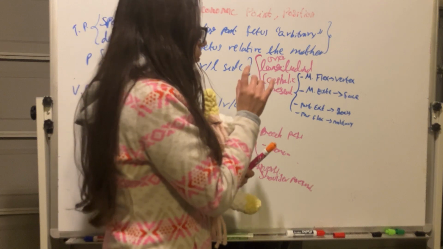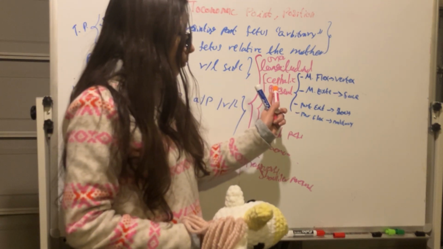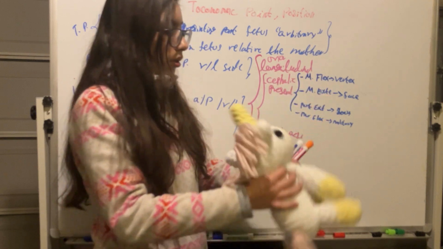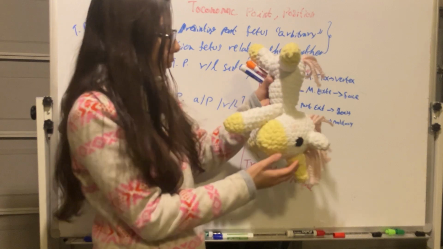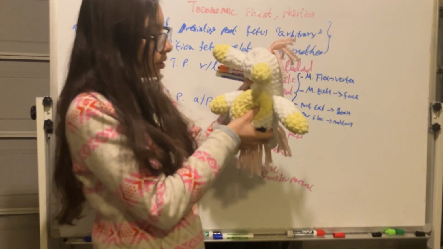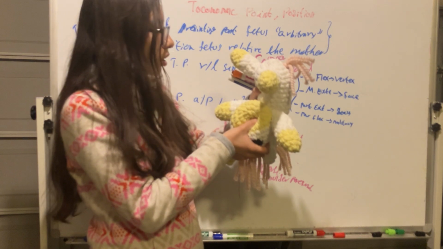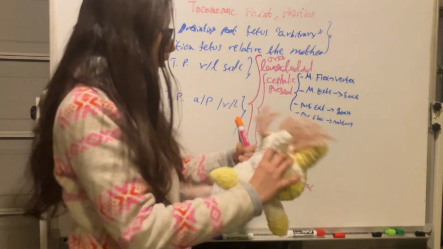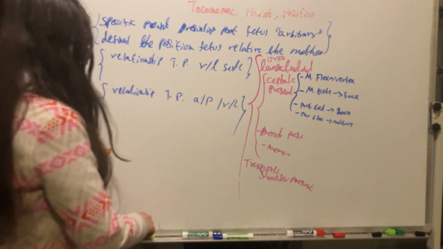The tocogonic point in a maximal flexion presentation, so this is the cephalic presentation with maximally flexed neck, is going to be the occiput. Here, let's draw a table.